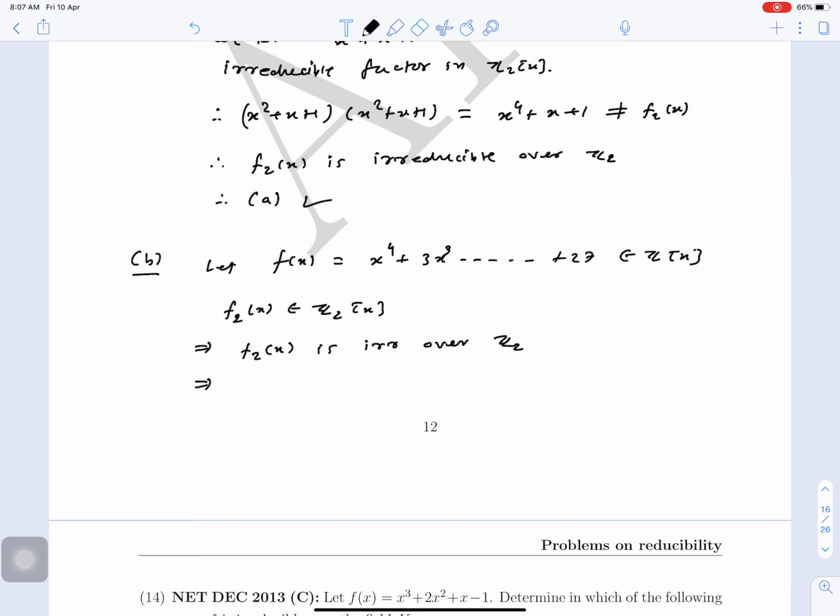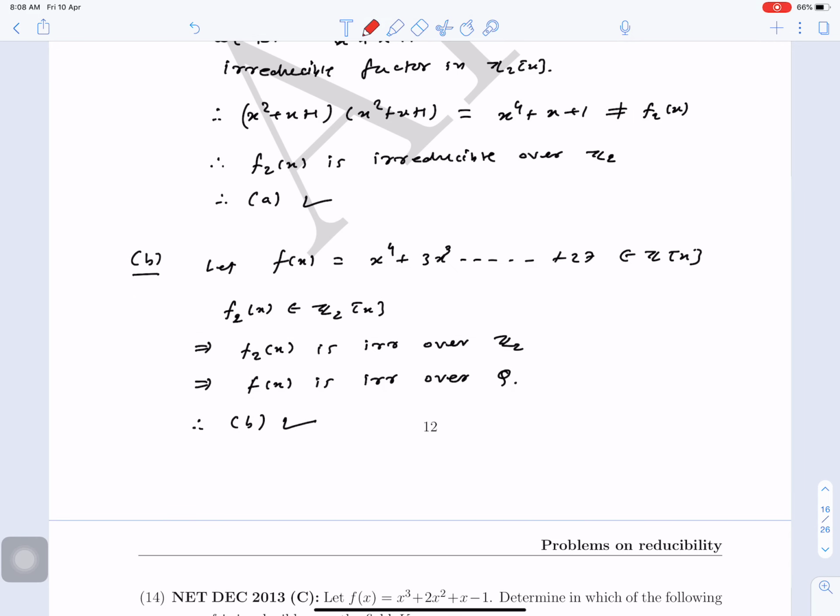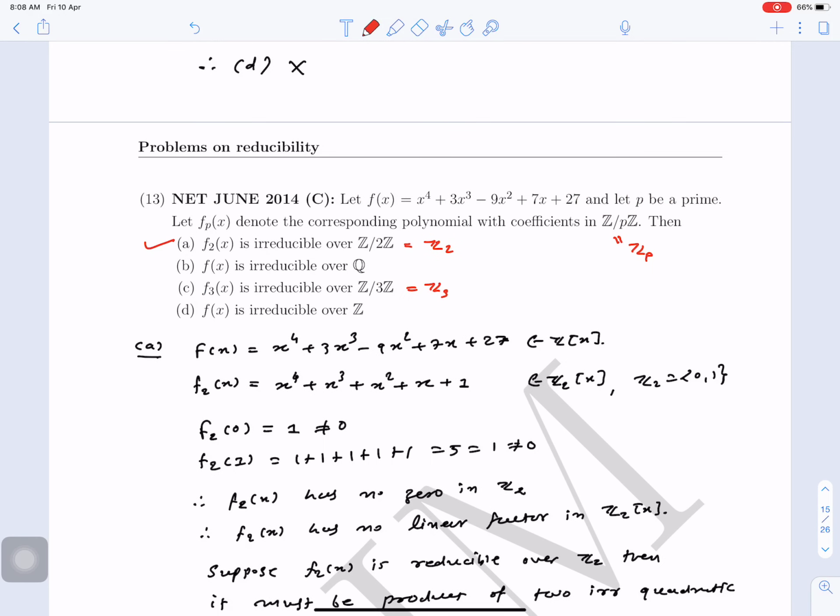So by the modulo p test, f(x) is irreducible over Q. So therefore option B is correct.